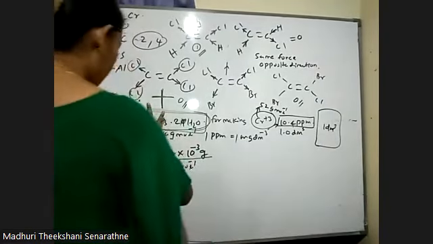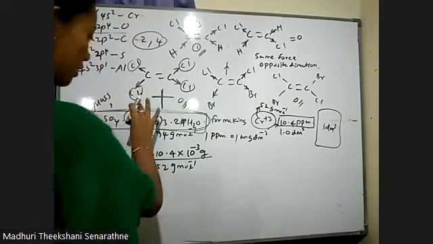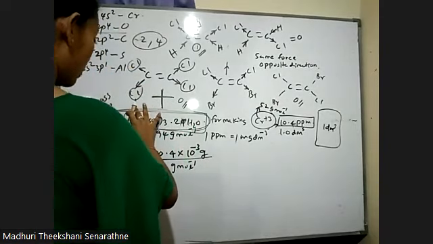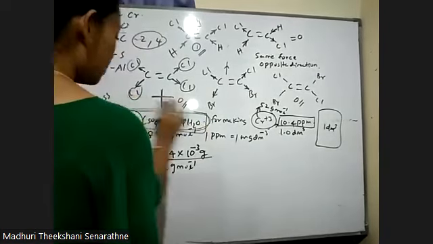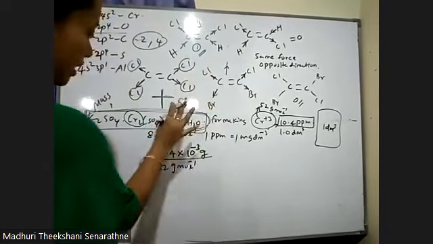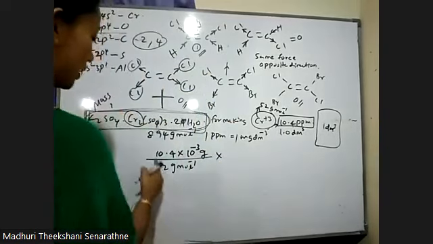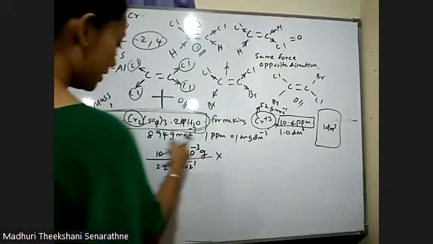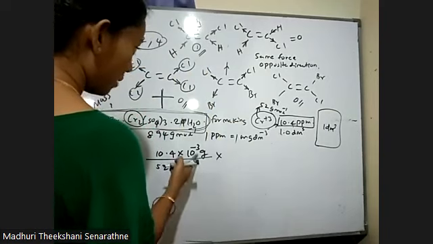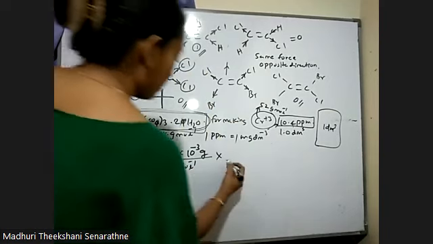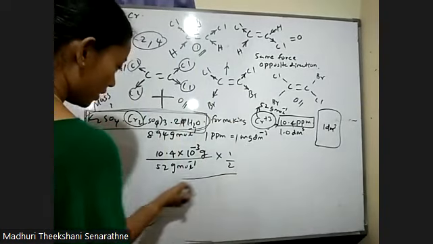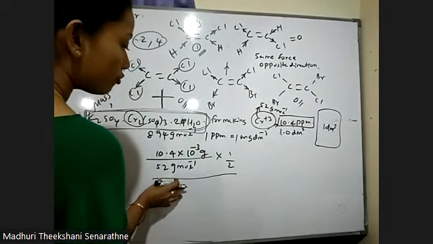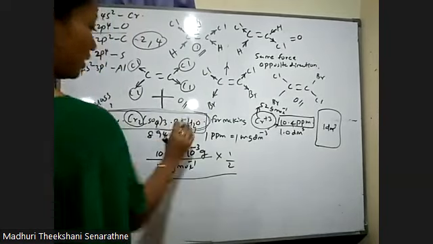For making 1 chromium mole, half of the moles of the compound is required. Therefore, we can multiply the number of chromium moles by half. Now we have calculated the number of moles of the whole compound.